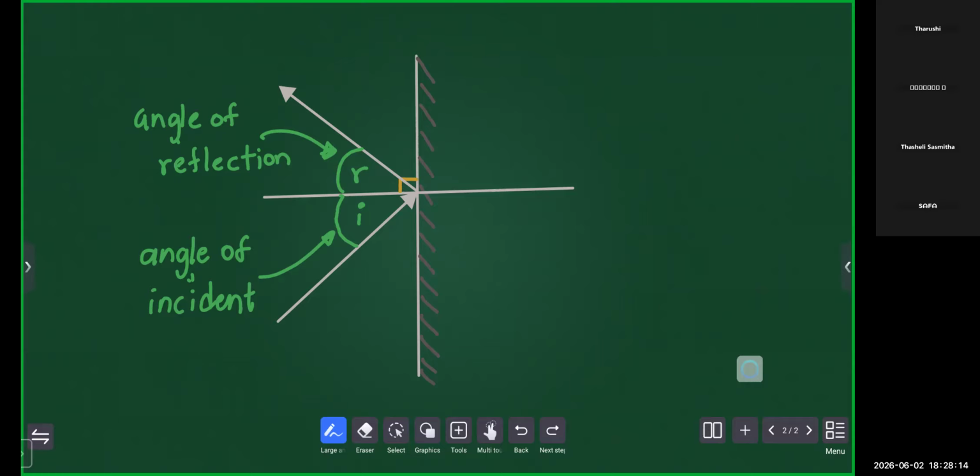What's your school? I'm from Anula, teacher. Anula. Okay. Shafin, from which school? St. Sebastian's College. Okay.